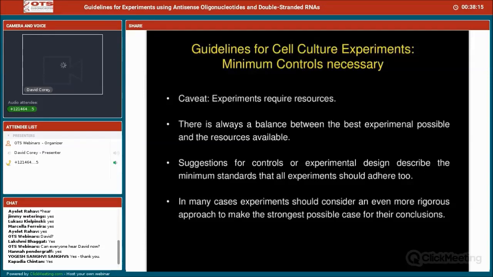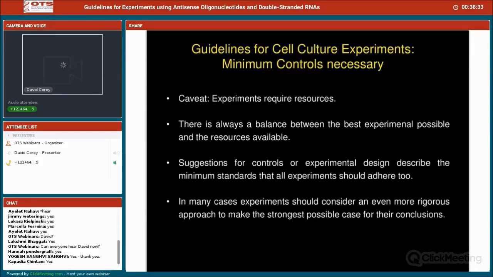Now, throughout this discussion, we do have to recognize that experiments require resources. And I think we all recognize that there's a balance between the best possible experiment that you can do and the resources that you have available.